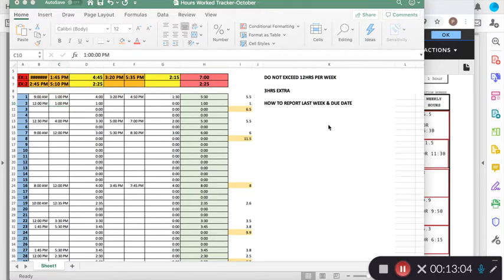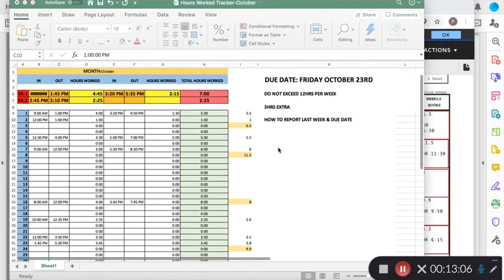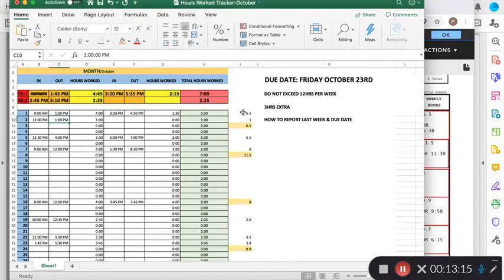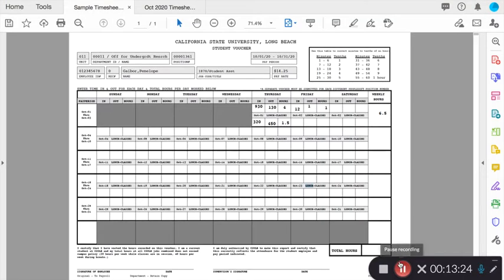Okay, so one thing to note about the timesheet tracker and your timesheet is that the timesheet tracker counts the hours and the minutes. Your actual timesheet wants you to report the hours in tenths. So what that means is, I have pulled up the timesheet right here so it's easier to view.